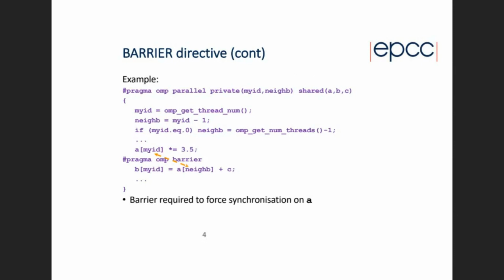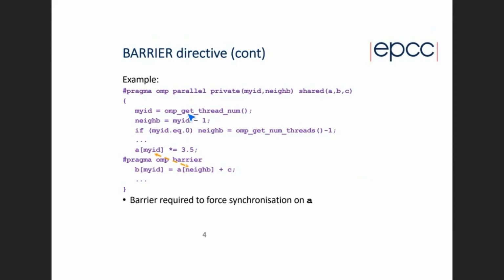So it's a little bit tricky to contrive a reasonable example that fits in a few lines, but I'll try anyway. I'm supposing that I have some algorithm where I want to consider my threads as a ring of processes.